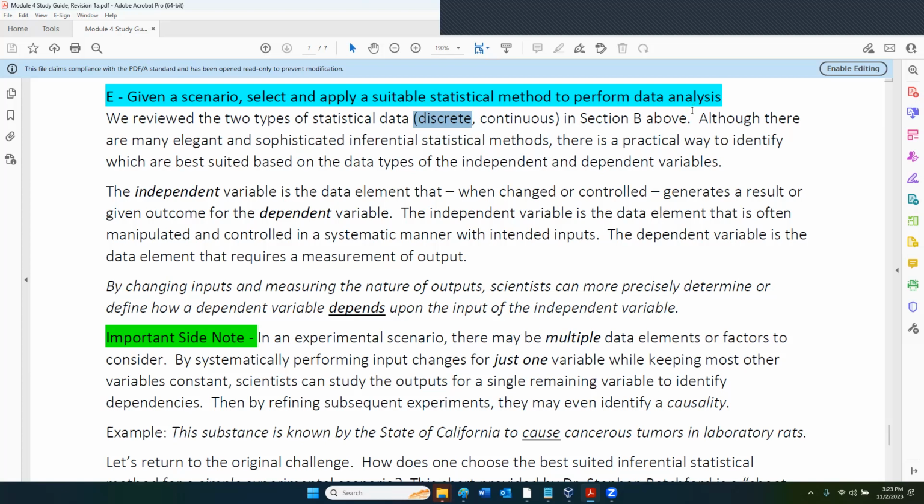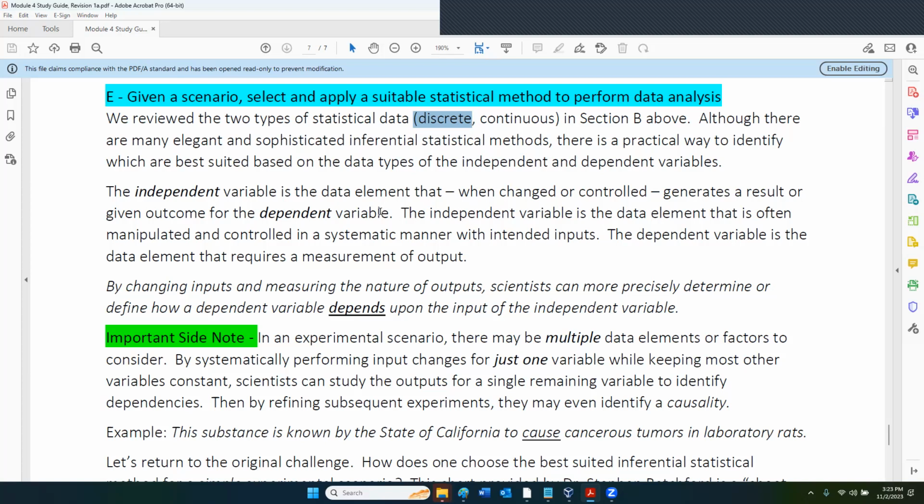We could have an entire course on inferential statistical methods, but we wanted to cover some of the most popular and basic ones.